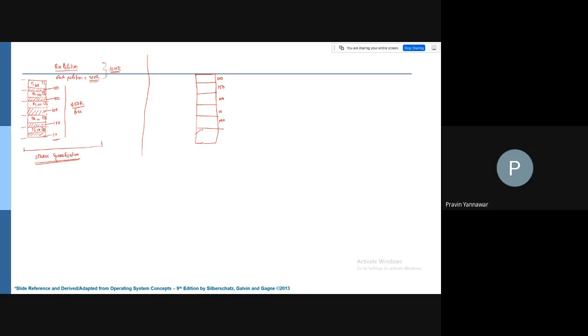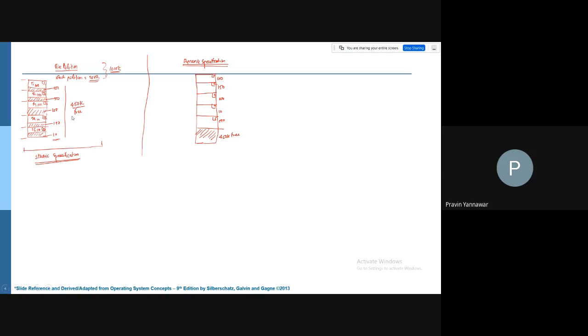So what is going to happen at the end? We have got 450k free. This is the zeroth partition, this is the first partition, second, third, fourth, and fifth partition. So this is with the dynamic specification.